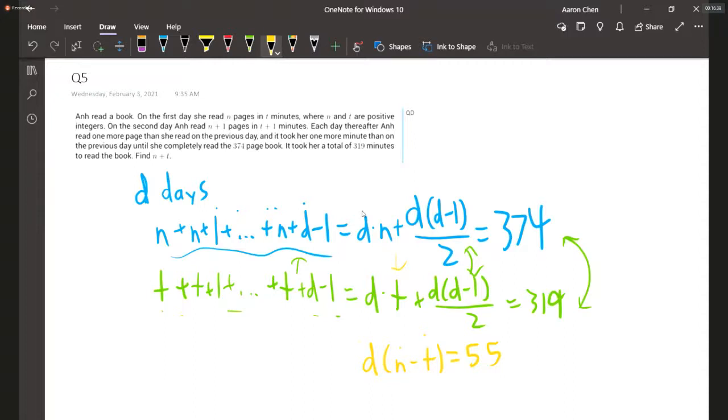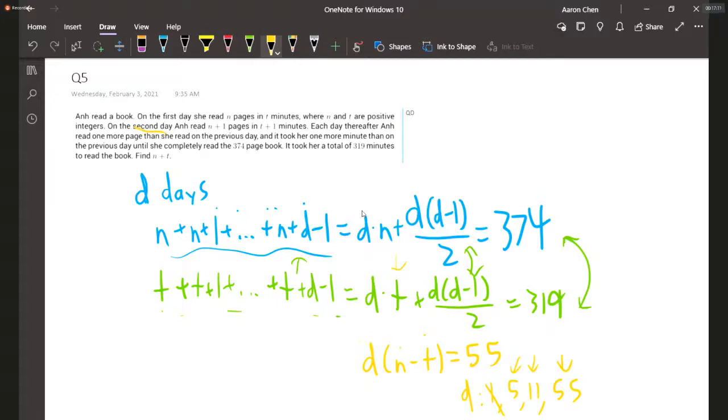And so this means that d is one of 1, 5, 11, or 55. So we can immediately rule out 1 because we're given that there's at least 2 days here, because it says on the second day she'll read this many, which implies that there's at least 2 days. And so it has to be one of 5, 11, or 55.